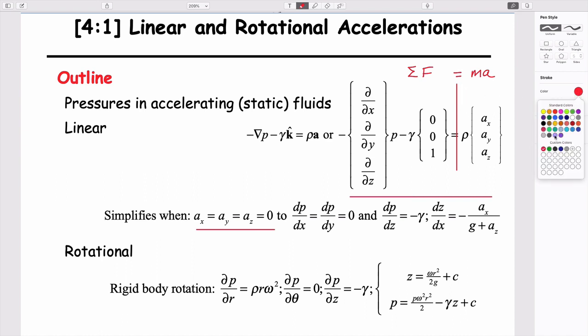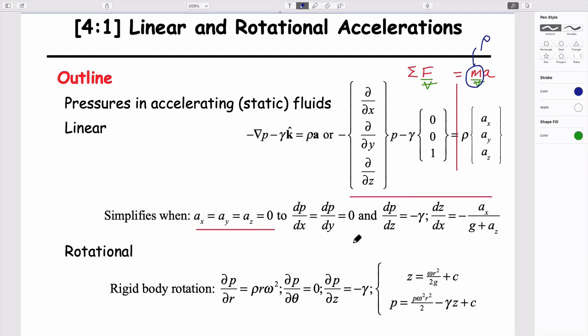If, for instance, we divide these through by volume, not velocity, but volume, then by definition, this term that we have here is density. And so density times acceleration is exactly the term that we have here.